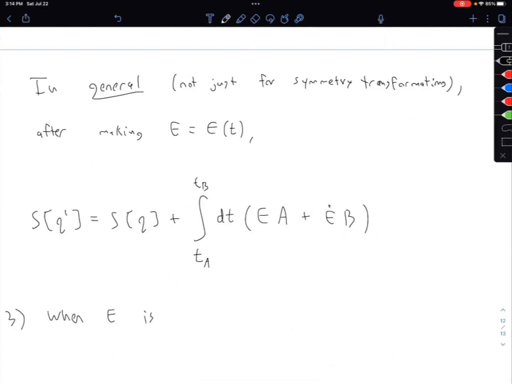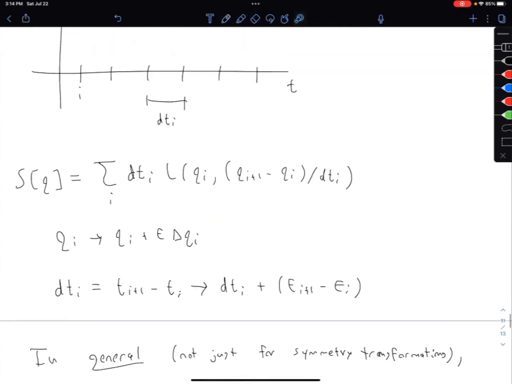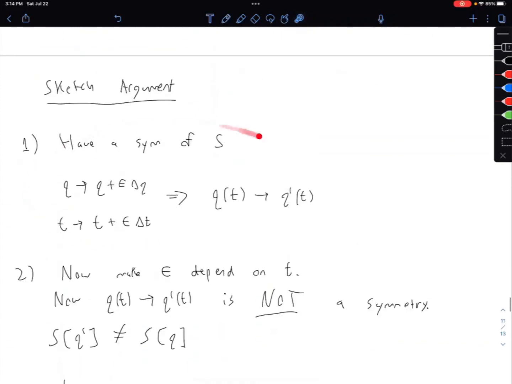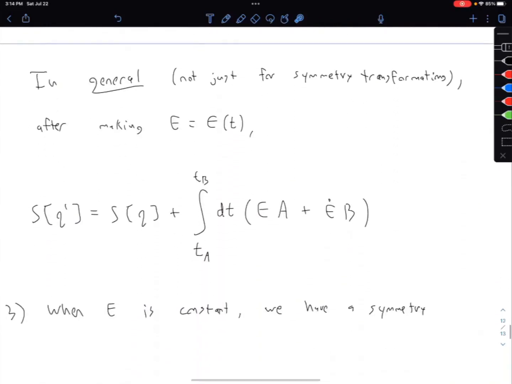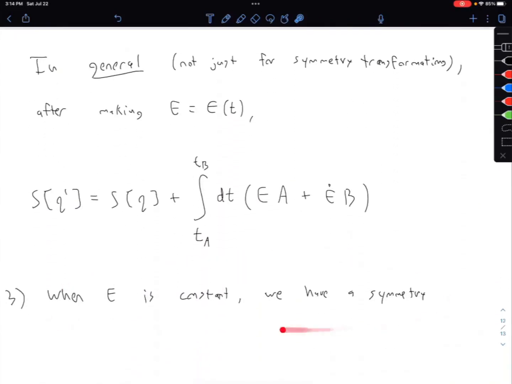When epsilon is constant, then we have a symmetry, right? Because we said in step 1 that we have a symmetry when epsilon is constant. Then we broke it by making epsilon depend on time. So now if we just take epsilon to be some constant function, then we have a symmetry.